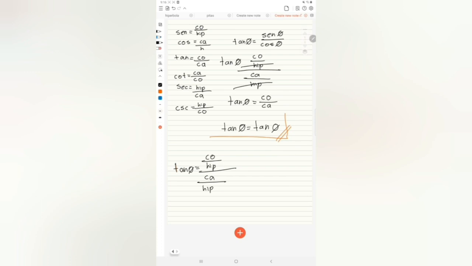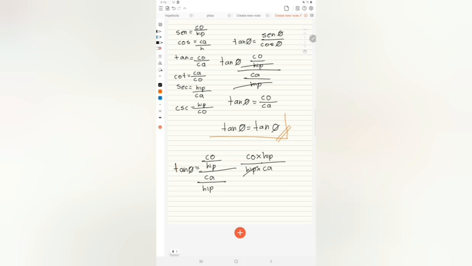With the sandwich law, we say that it is the opposite leg multiplied by the hypotenuse, divided by the hypotenuse multiplied by the adjacent leg.